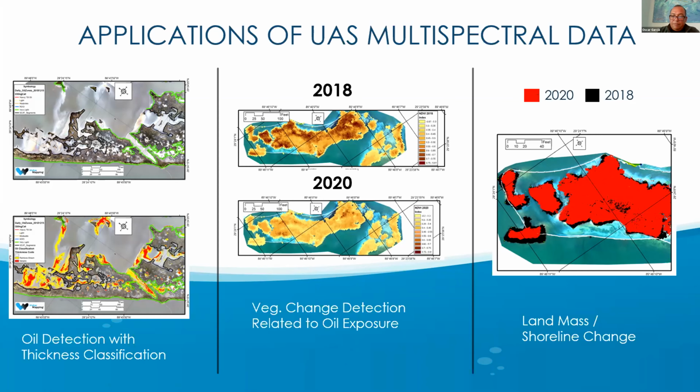Then the other thing is that by doing multispectral surveys over time, we also collect data that will allow us to detect vegetation exposure related to the oil, because you see changes in the healthiness of the vegetation. Also, after analyzing the data, we saw that we can use this data to quantify the change on land related to the shoreline exposure.